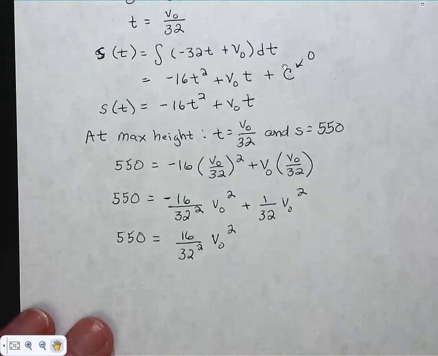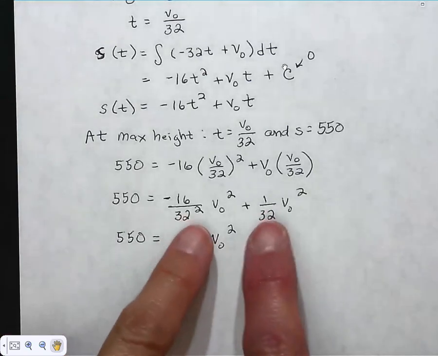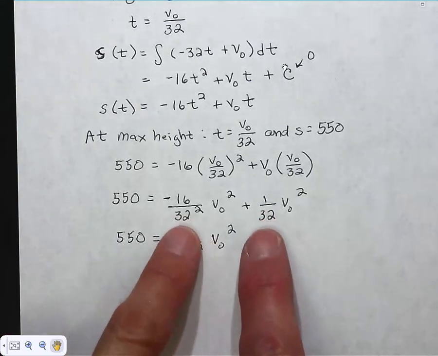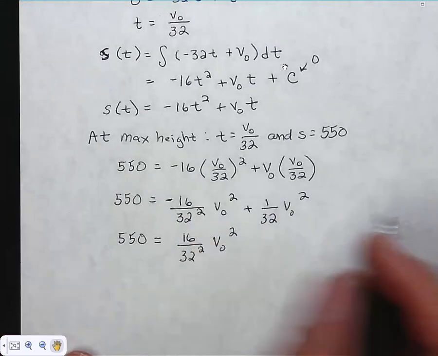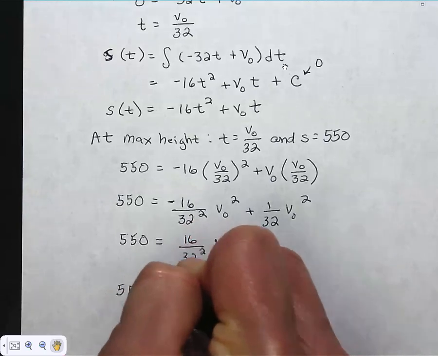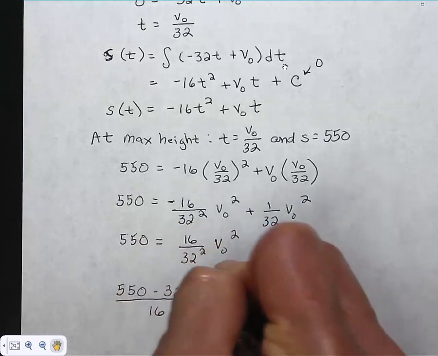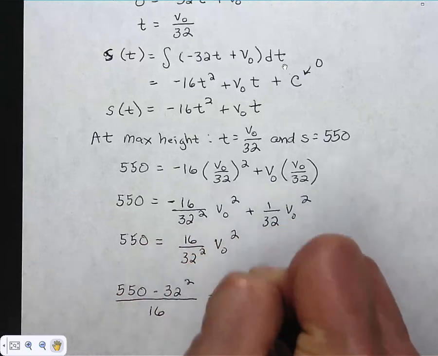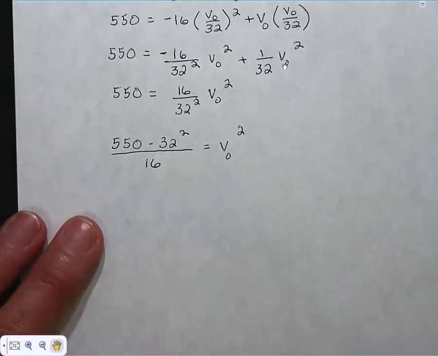times the initial velocity squared. All I did was get a common denominator so I can combine those like terms. And then I could multiply both sides by 32 squared to clear out the fractions and divide by 16. That's what the initial velocity squared is.